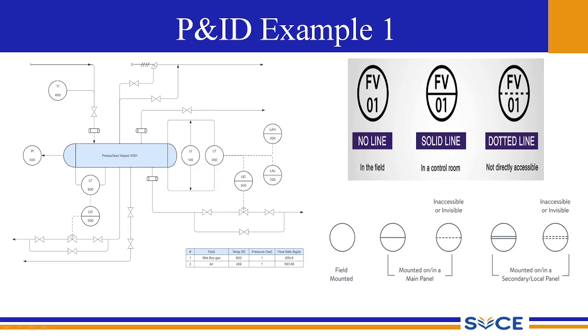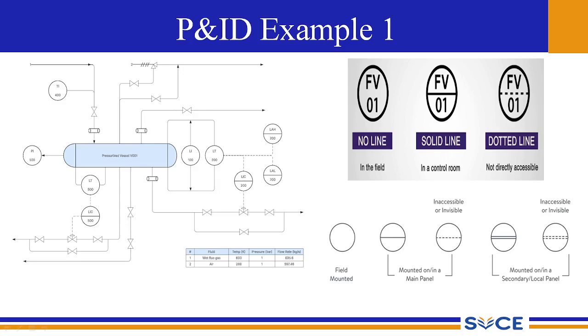And you have the legend that indicates the material flowing into this pressure vessel, that is the wet flue gas, which is indicated in line 1. Then in line 2, the material flowing is air. It is flowing at the process conditions of 600 Kelvin and 288 Kelvin, and the pressure is 1 bar. The corresponding flow rates of the wet flue gas and the air are given in this box.